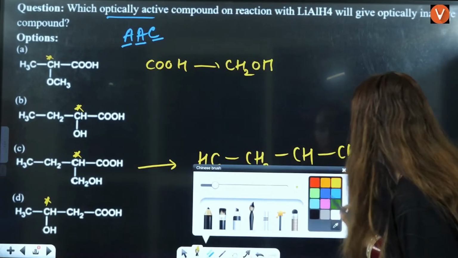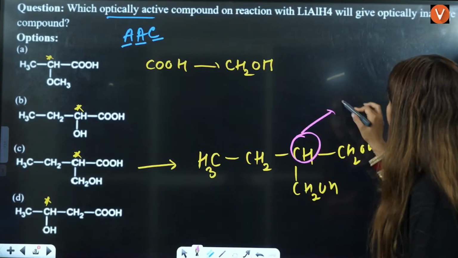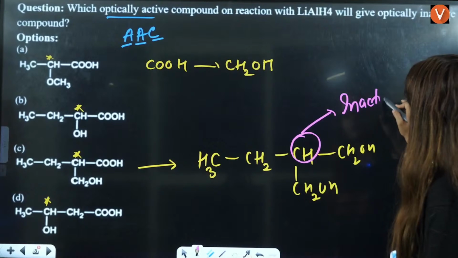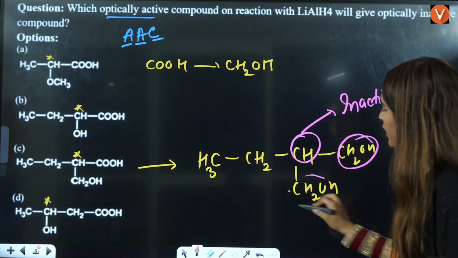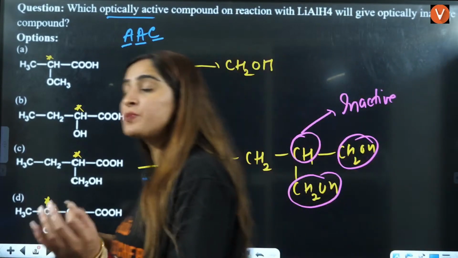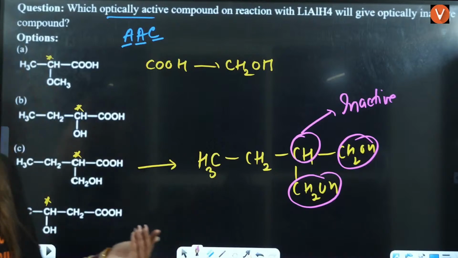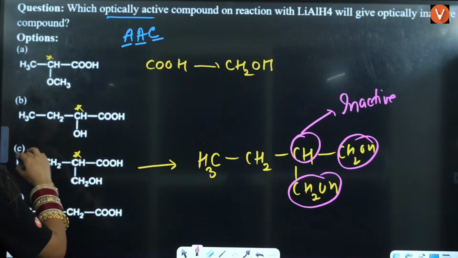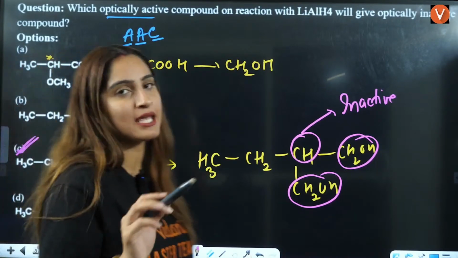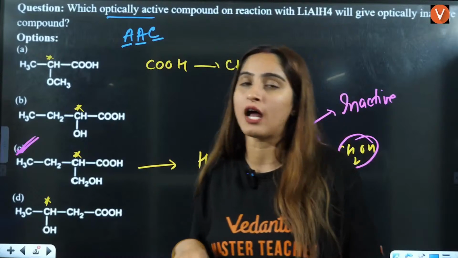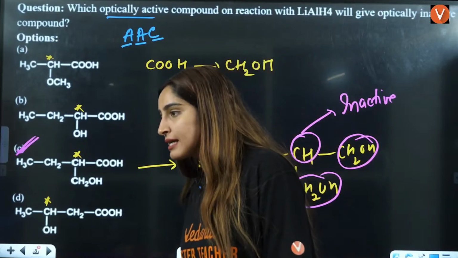That means now this carbon is achiral because two other groups attached to it are the same. So it is achiral, so it is inactive. So in C you can see an active to inactive transformation is there.